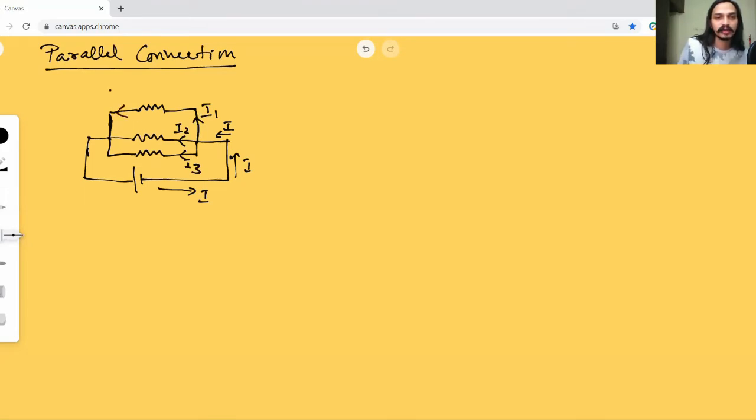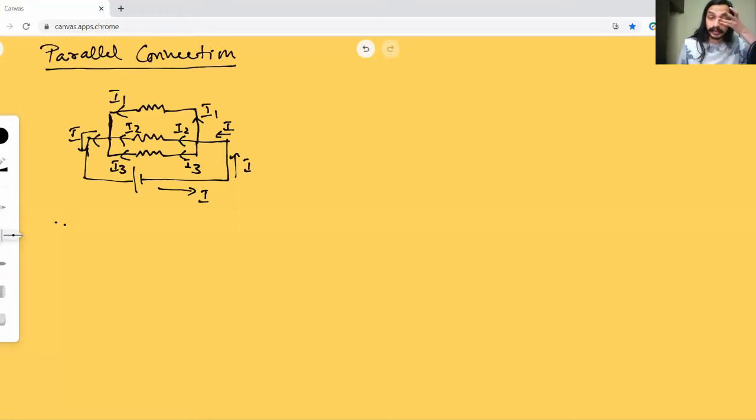They all split and pass through each conductor, so I'll have I1 coming through here, I2 over here, I3 over here. When they come back and meet at this junction, the same current that was going in comes out, so I get back my original current I. So in a parallel connection the current will be varied, which would mean the voltage is constant.